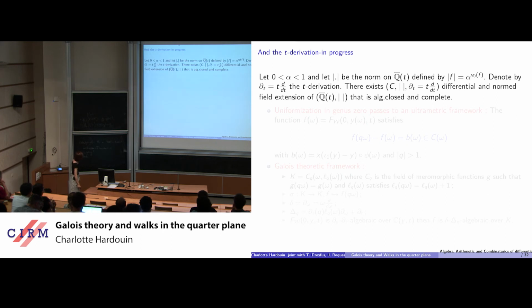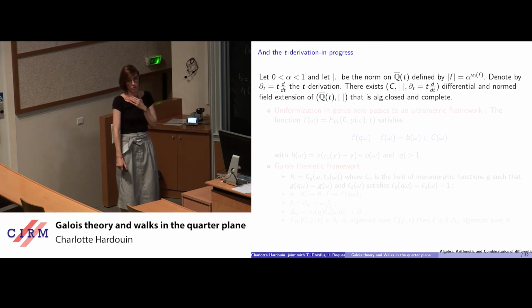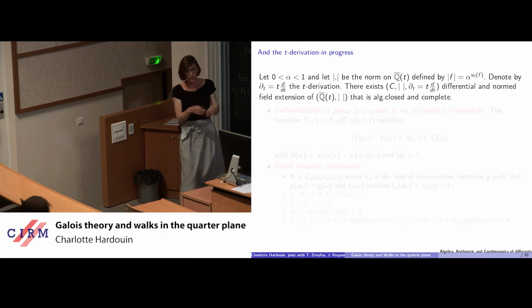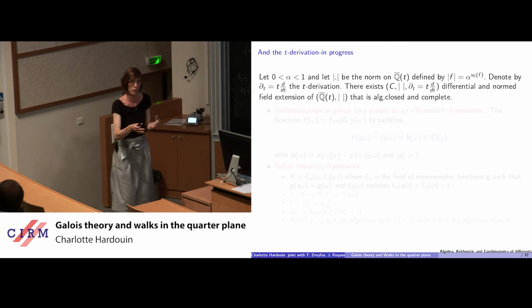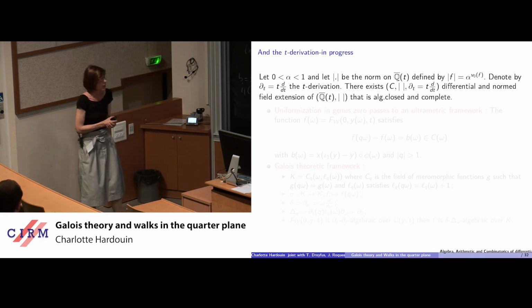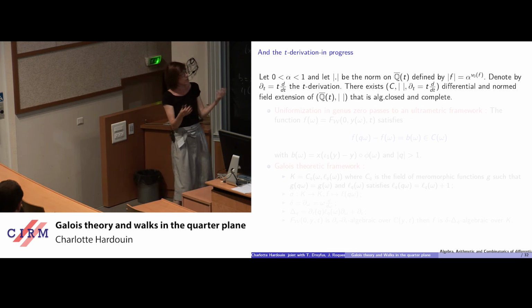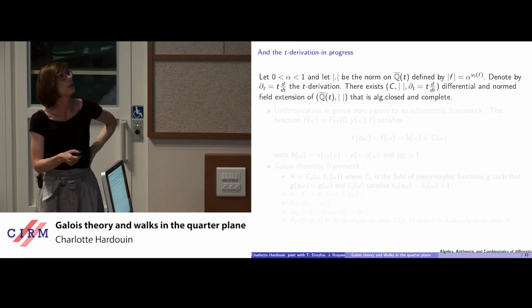Okay, so now we'll talk about work in progress, about the t derivation. So by choosing t as a complex number, we were not able to derive with respect to t. And we might be interested in understanding what kind of relations there are in the t derivation of the generating series.